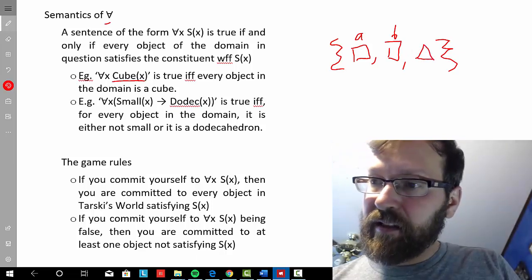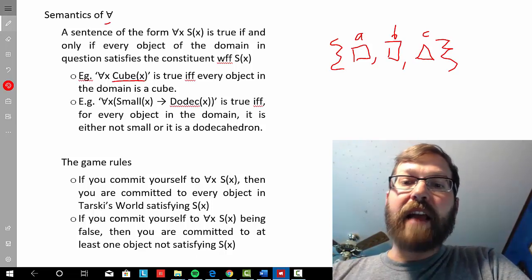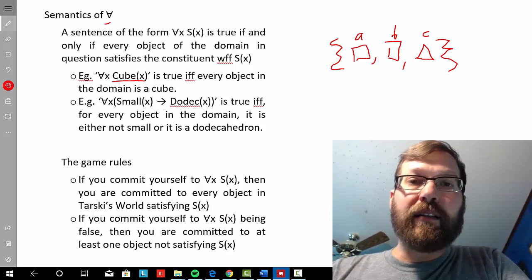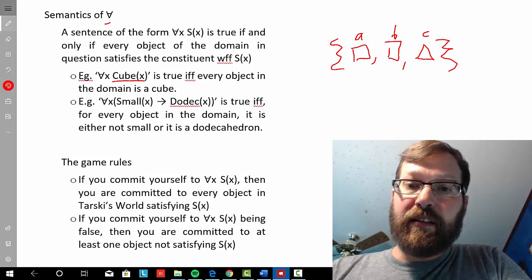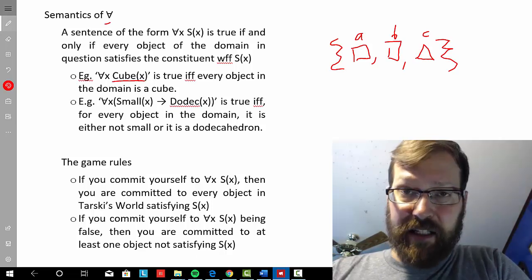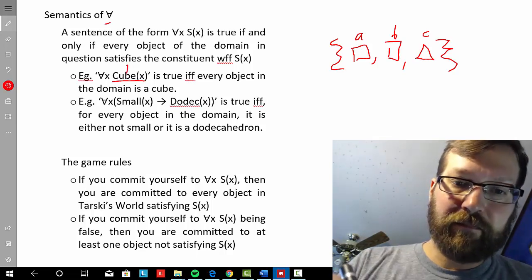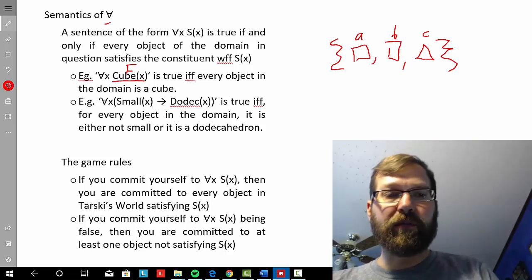But if C is a tetrahedron, then it's not the case that every single one of the objects in the domain satisfies the well-formed formula in question. C does not satisfy it since C is not a cube. So then this sentence would be false.